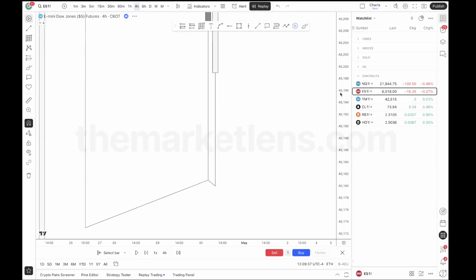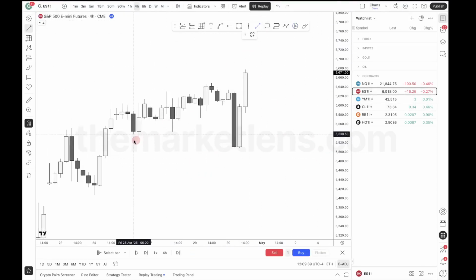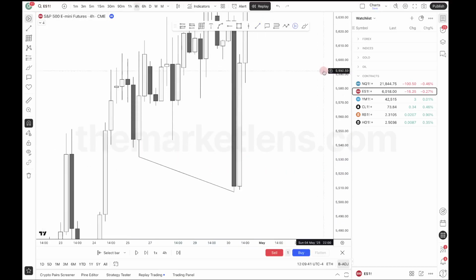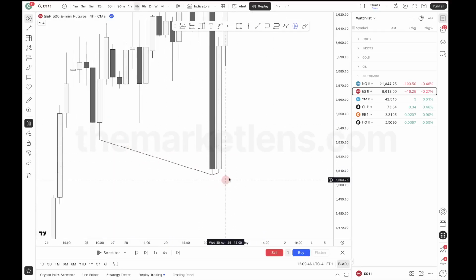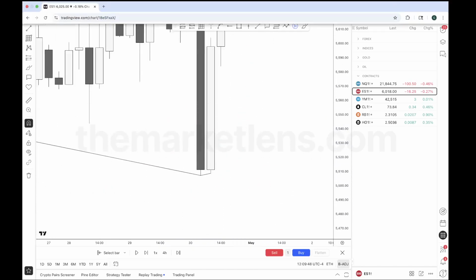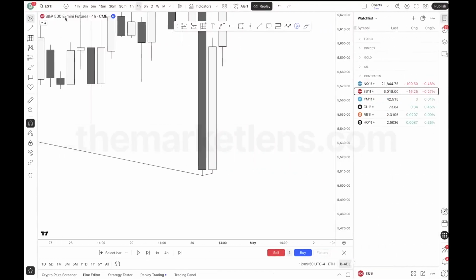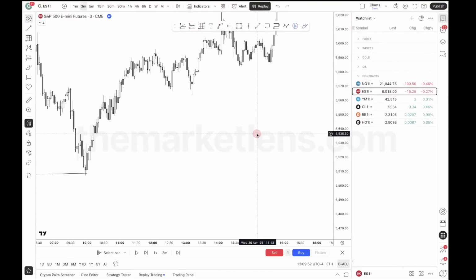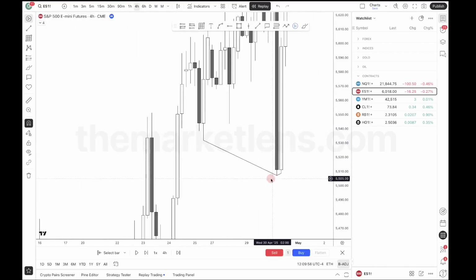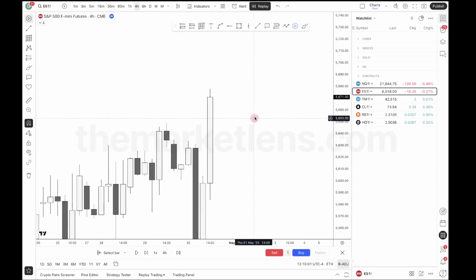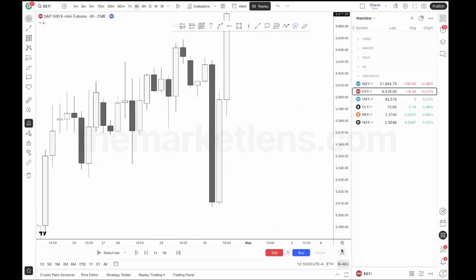If I go on ES, this is your higher time frame, and then your lower time frame divergence. See, it's like a roof. It's inverted. So it looks like that. It doesn't matter if I go to the 3 minute or whatever, you're typically going to see it, right? Or just your previous candle's lows. It doesn't really matter what you view it on, to be honest. You just have to have that SMT.